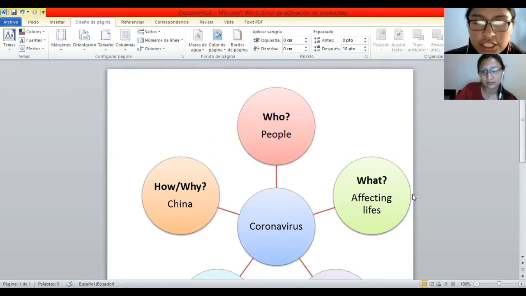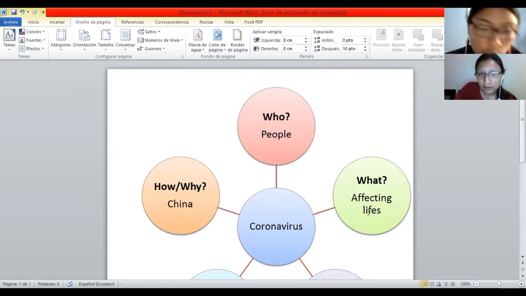In this case, you could put Ecuadorian people, so you are referring to our country, yeah? Okay. The other thing, that what is affecting lives, it is perfect, but you have to be very careful with the spelling. The plural form of life is with a V. You just have to change that.